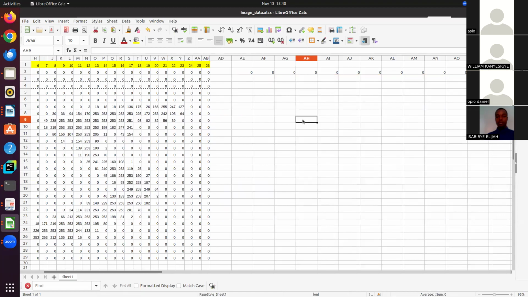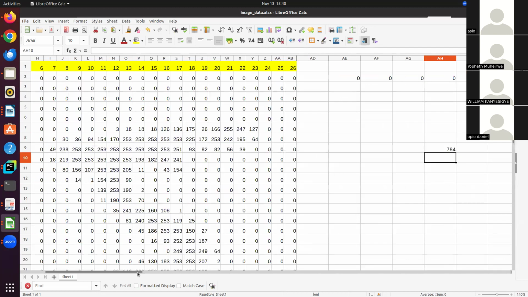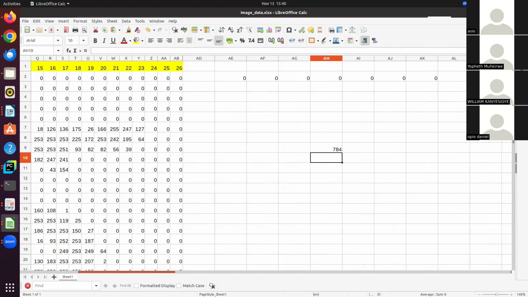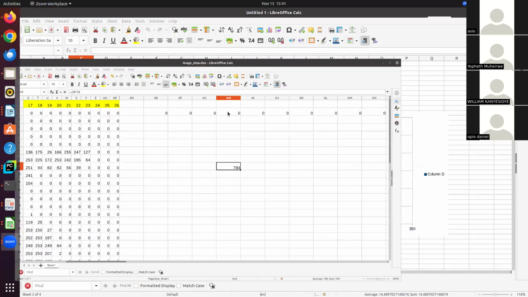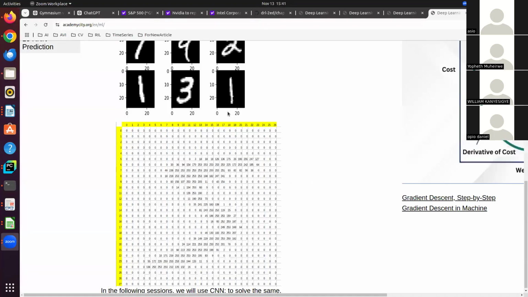It's simply 28 rows times 28 columns. So this 784 that I put there is not a coincidence, because those images are 2 dimensions of 28 by 28, and they are being converted to one row. This one would be converted to one long row of 784 numbers.